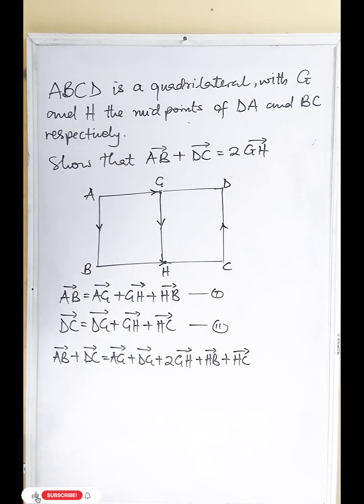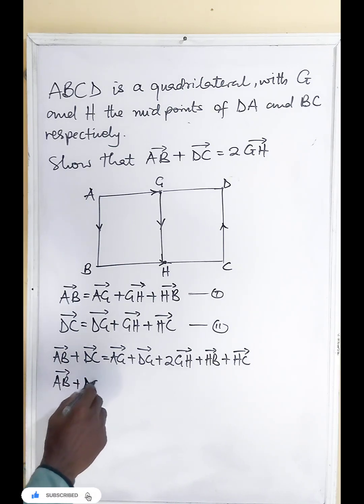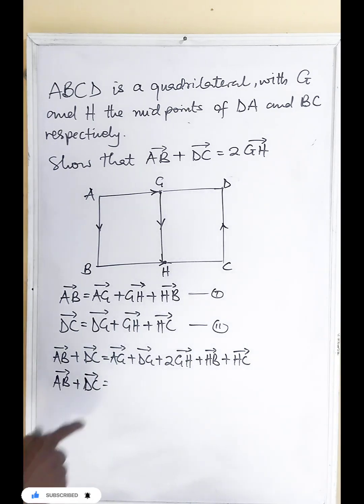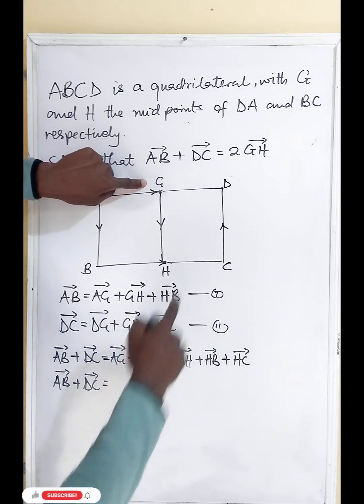Alright, now how do we go about this? Now AB plus DC here. Now AG, this is AG, and DG.